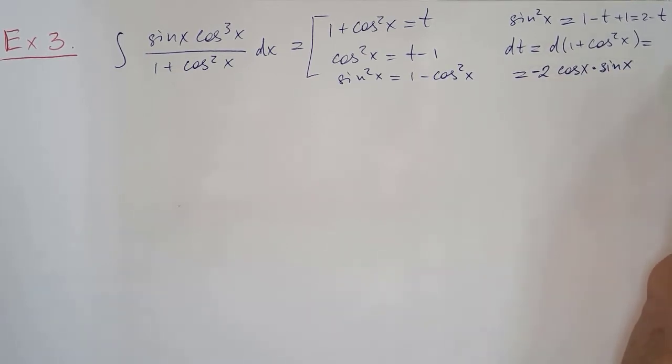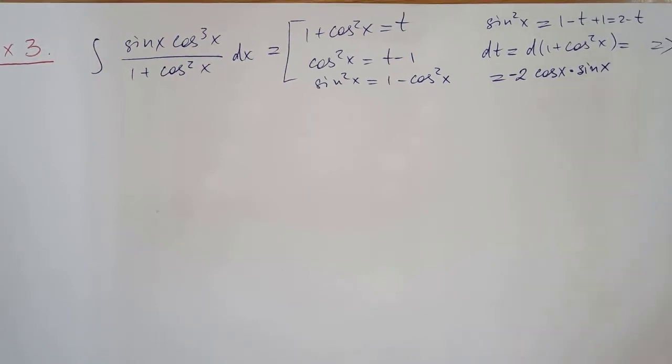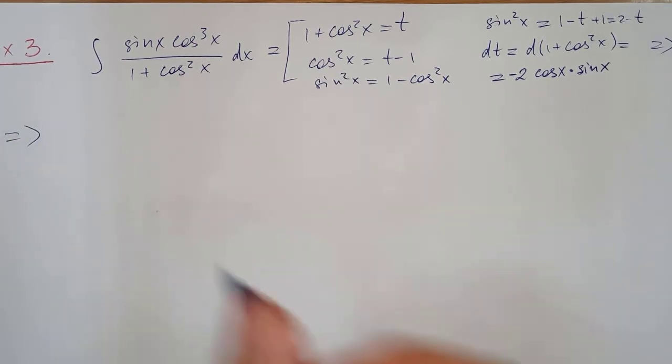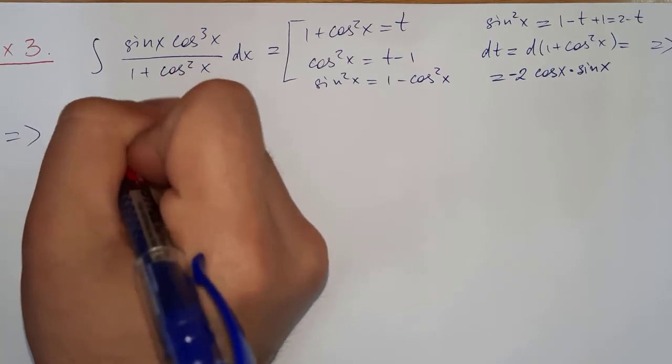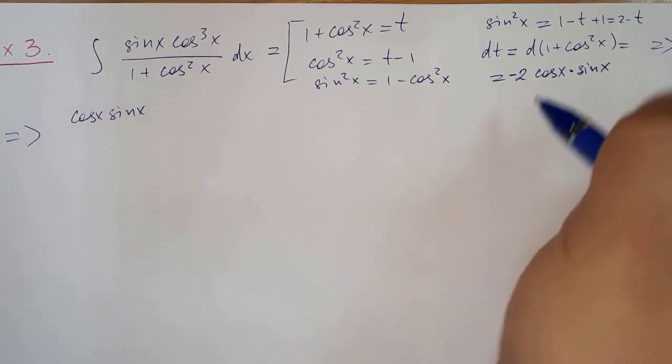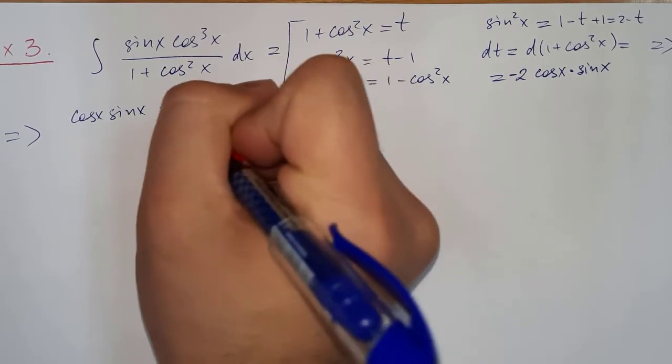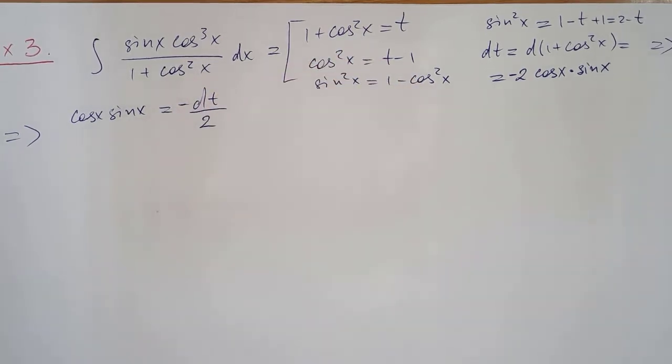So it means we can find that, let's continue here. So what we get here, if you continue, we have cosine x times sine x from this equation equal to dt over minus 2. Yes, dt over minus 2.